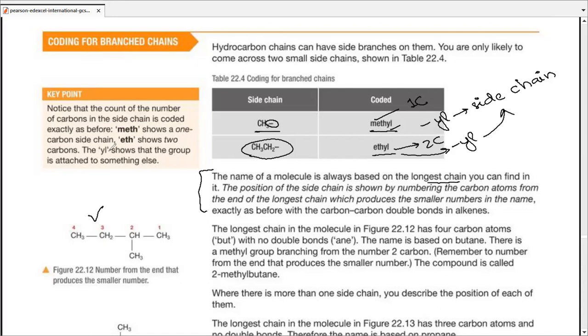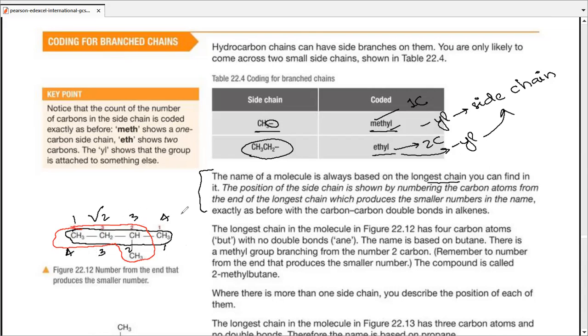Okay, so let's try going through this structure. Now, you can predict this is the straight longest chain. You may also predict that this is the straight longest chain, right? So you can either number this chain 1, 2, 3, 4, or you may number it 1, 2, 3, 4.